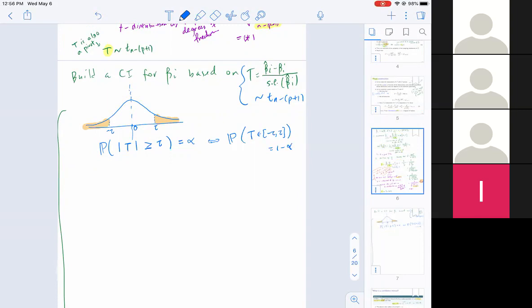Professor? Yes. Should the test statistic itself be an absolute value, or can it be a negative value, the t?